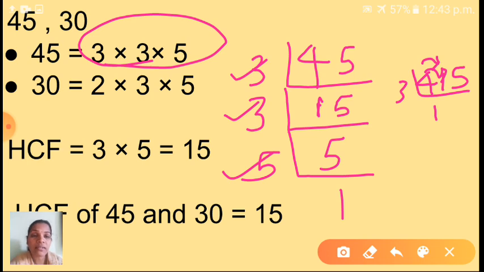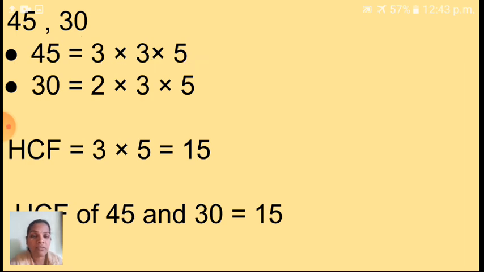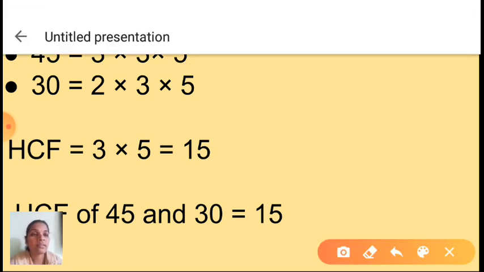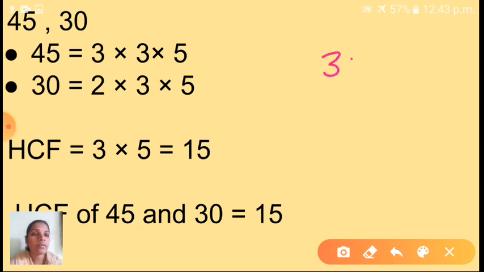Next one is 30. Like this we have to write and we have to find. Okay children? So children, listen, this also you have to write in your notebook. Okay, and next number is what? 3. Shall we find now? Yes, 30. So 30 is what? Even number. So which number can we divide this 30 by, children? 2.